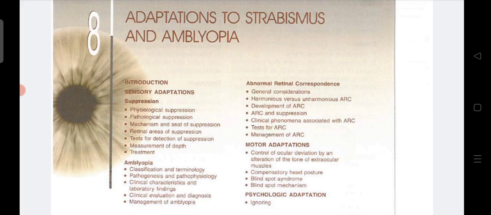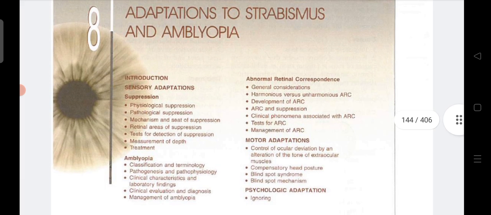The other eye having higher refractive error will have blurred vision. My brain will not accept that blurry vision. Instead, it will accept the good eye's vision. That is how my bad eye gets suppressed, and eventually it gives rise to lazy eye. So my bad eye will become lazy.